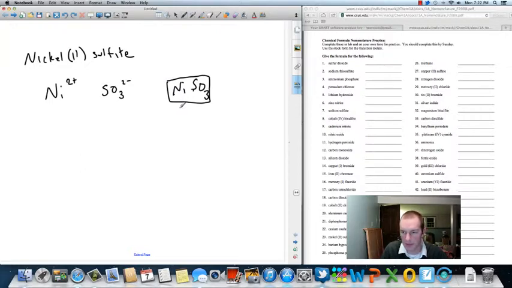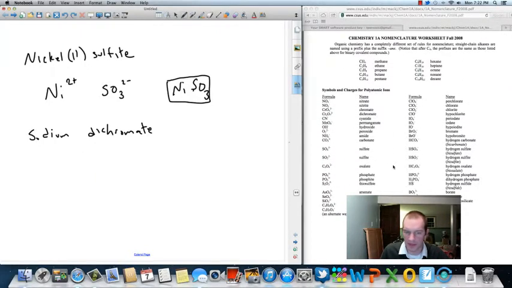Okay, let's pick another one, something a little bit different. Let's say sodium dichromate. Number 44, sodium dichromate. Again, from that previous page, we know sodium is going to be a 1 plus ion from the periodic table, Na with a 1 plus charge because it's in group 1.